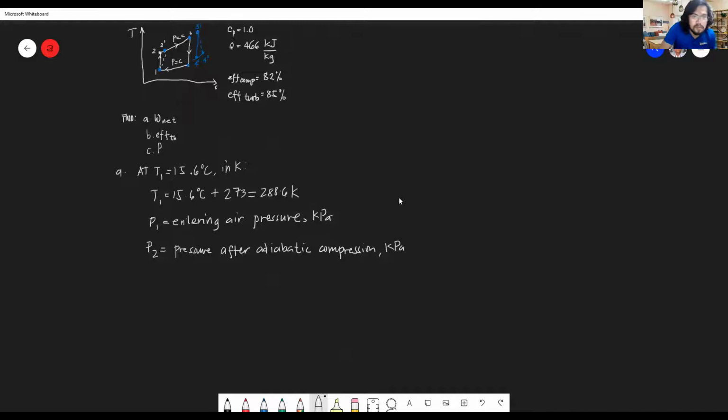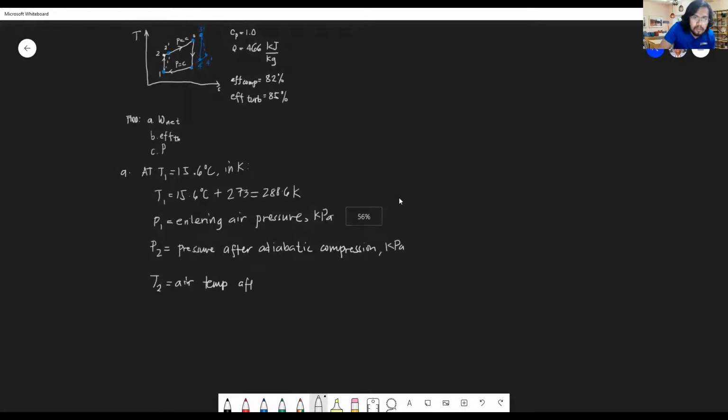Now we find T2. It's not given, it's the air temperature after adiabatic compression. Since we're taking the absolute temperature, we want it in Kelvin. Okay. Now T2 is just equal to what?